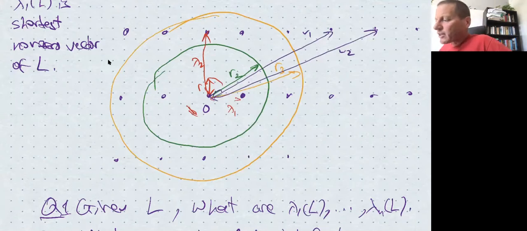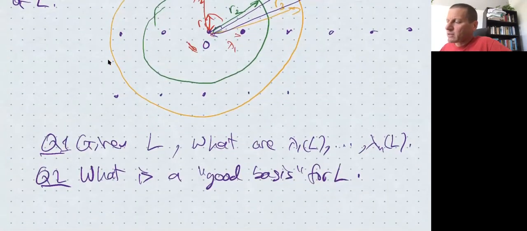And it's clear from the drawing that it doesn't make sense intuitively to use this particular basis. They're just too big and they don't tell you anything geometric about the lattice, where these two are actually better. So these numbers are called the successive minima. Figuring out the successive minima is quite closely related to the problem of choosing a good basis for the lattice.